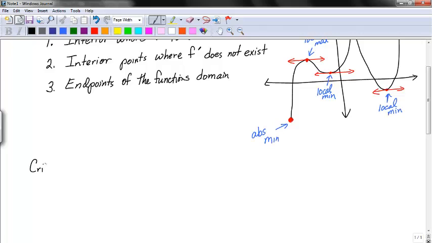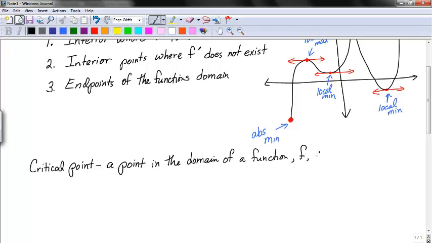By definition, in this section, a critical point is a point in the domain of a function f at which the first derivative f prime is equal to 0 or f prime does not exist.